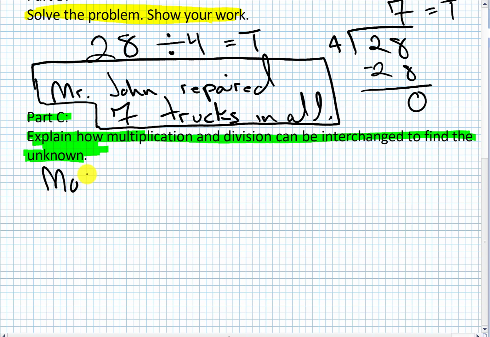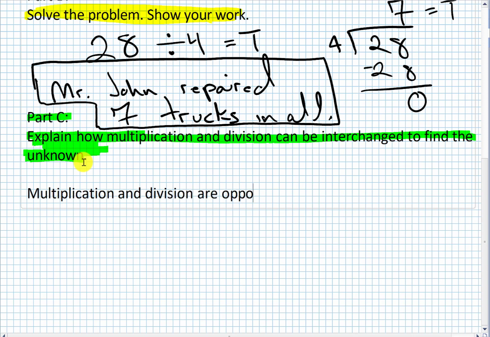So multiplication, and actually, you know what? Instead of writing this out because it's going to take too long, I'm going to type. So multiplication and division are opposites or inverses of one another.